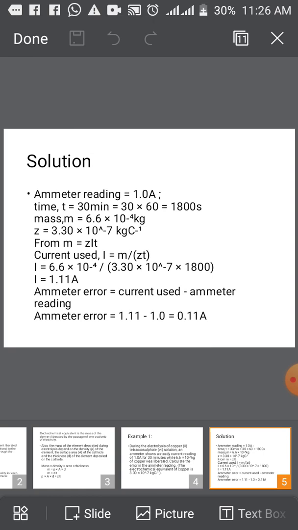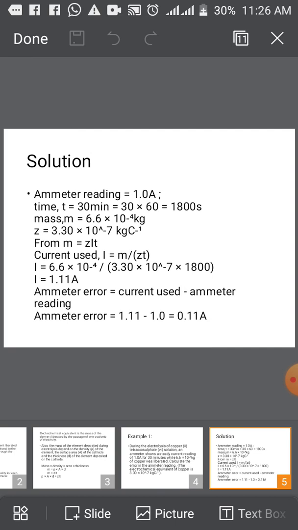Current used, when we make I the subject, we're going to have m divided by Z multiplied by T. Substituting the values, we have for m being 6.6 times 10 raised to the power minus 4 divided by the product of 3.30 times 10 raised to the power minus 7 and 1,800.